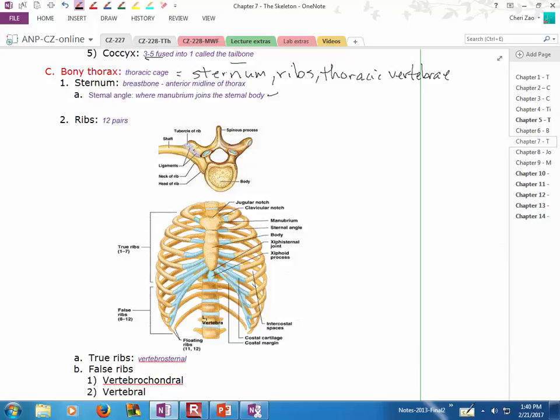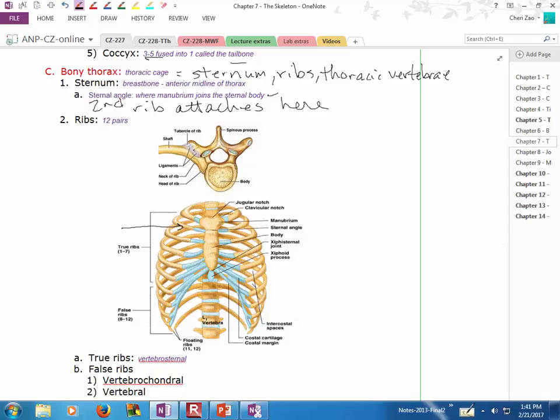Because this is where the second rib always actually articulates, is at this sternal angle. So second rib attaches here. And our picture down here is indeed showing the second rib and its attachment at the sternal angle.